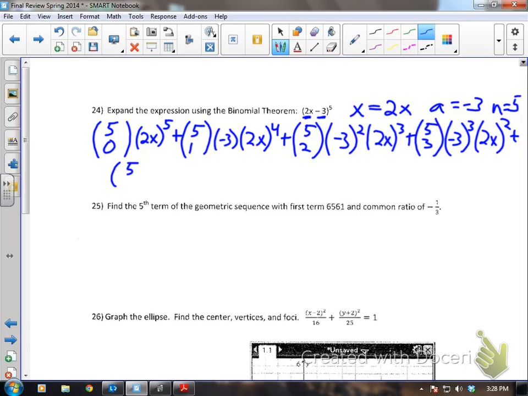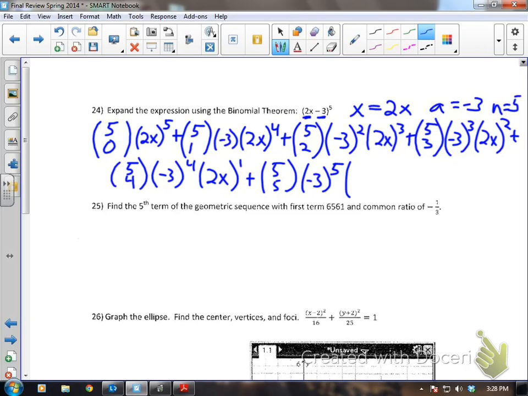So 5 taken 4 at a time, times a, negative 3 to the 4th power, times 2x to the 1st power, plus 5 taken 5 at a time, times a, which is negative 3 to the 5th power, times 2x to the 0 power, or you can just leave that off, since that just equals 1.